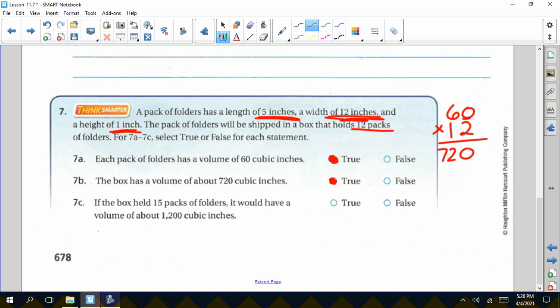If the box held 15 packs instead of 12, would it now have a volume of 1,200? Well, 60 times 15 is 900 cubic inches rather than 1,200. So that statement is false.